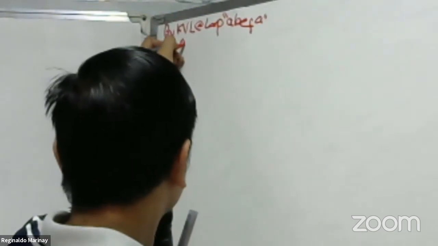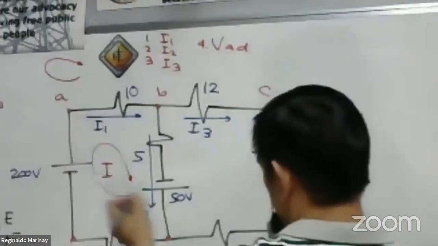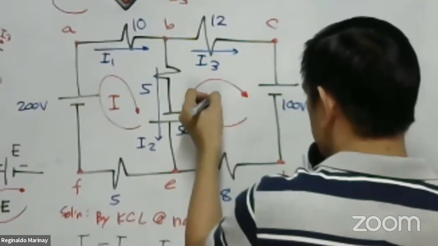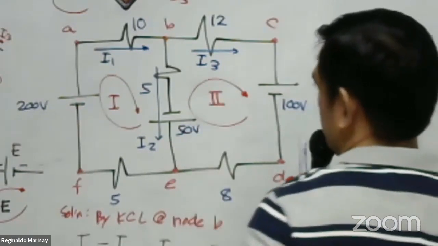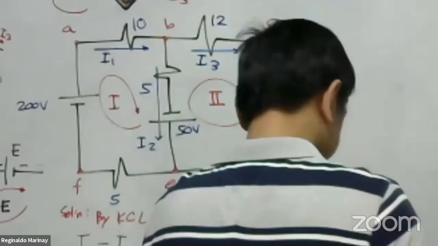Or simply KVL at loop 1. So this is our loop 1. Okay. So let us treat this as our loop number 2. Okay. So let's have first our loop number 1.